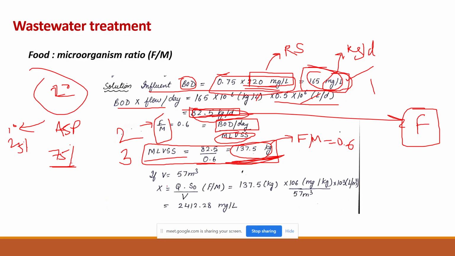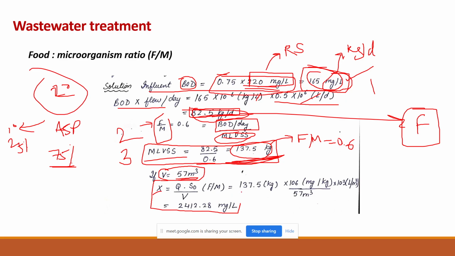Now suppose you are provided with a volume, say the volume of the reactor is 57 meter cube. Then there is another relation which helps you identify the concentration of the biomass. So the biomass concentration is flow rate into the substrate available divided by the volume, right?